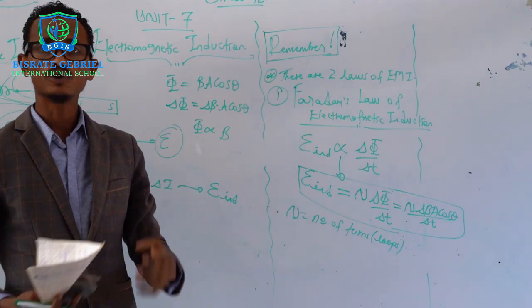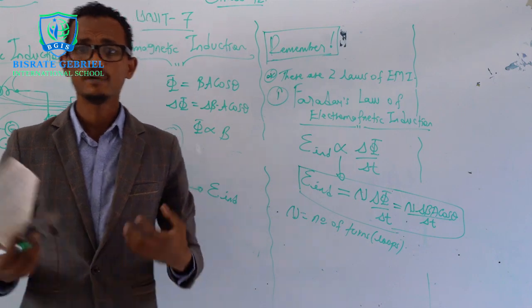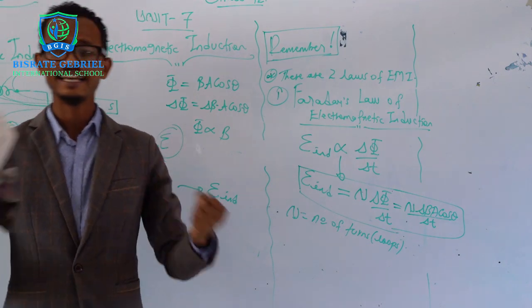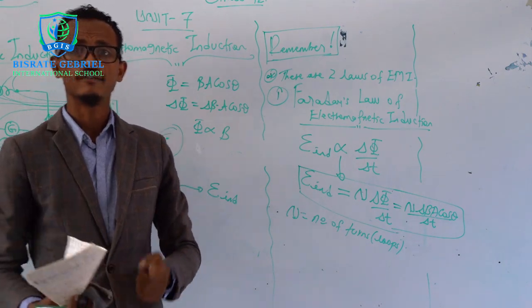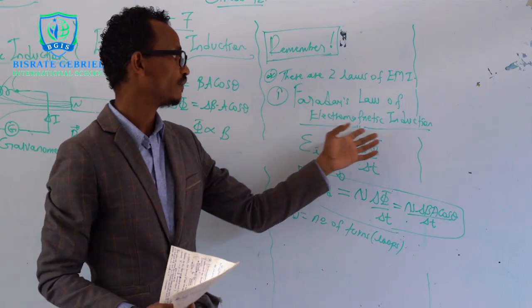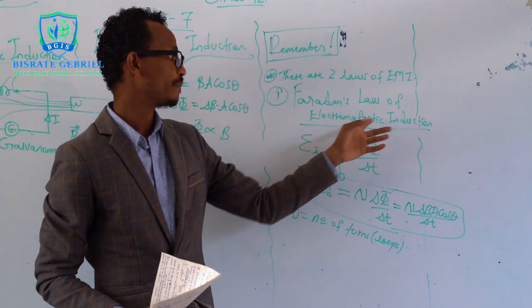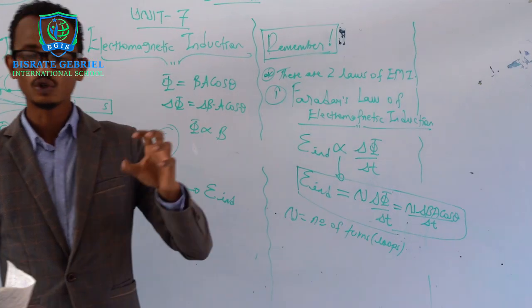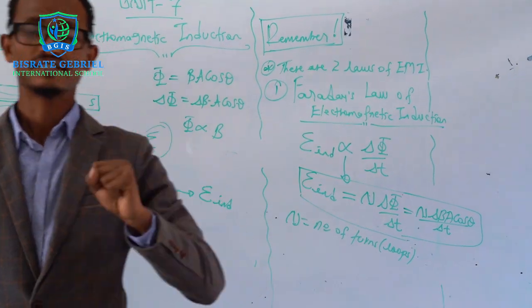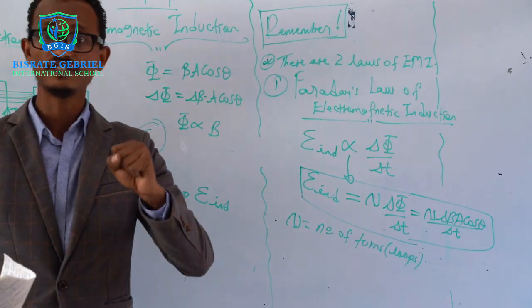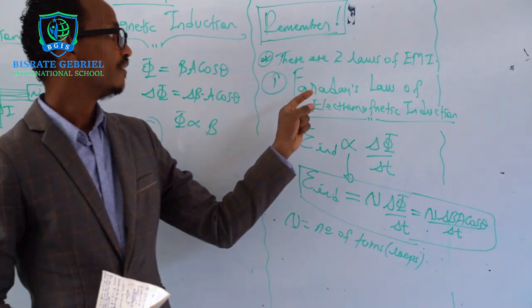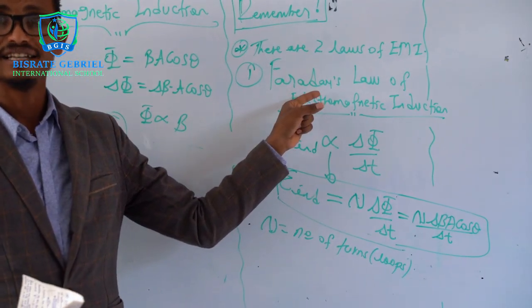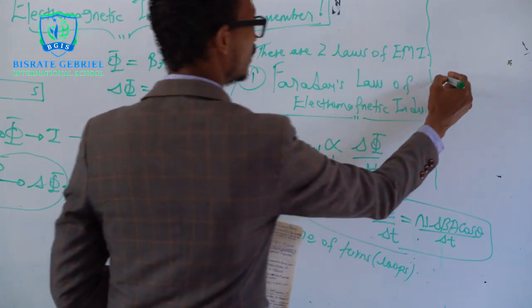Therefore, if you want to understand the principles of operation of transformers, motors and generators, we have to have a good understanding of electromagnetic induction. That's why we learn about this. Electromagnetic induction was first discovered by a British physicist, Faraday, in the year 1830.